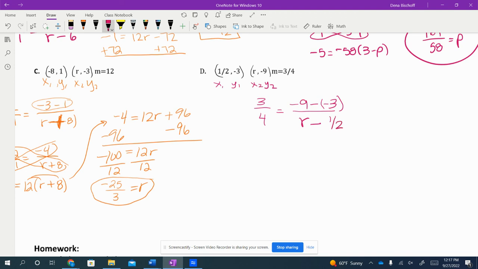Ooh, that's yucky. Okay, that's right. We can do this. I have minus a negative. I'm going to turn that into a great big plus. Can I simplify this? Yeah. What is negative 9 plus 3? Negative 6. So I have 3/4 equals negative 6 over r minus 1/2.